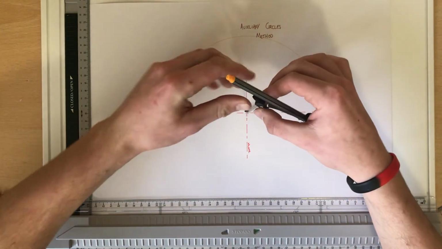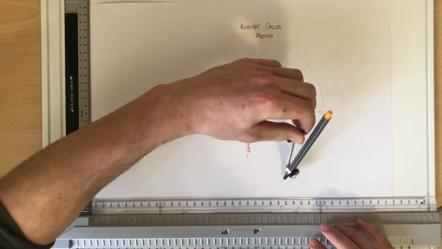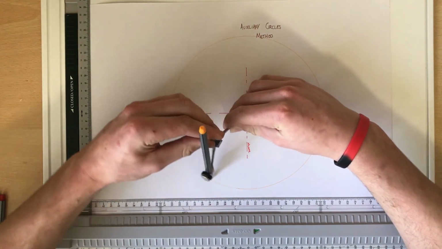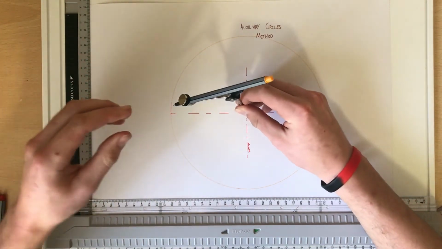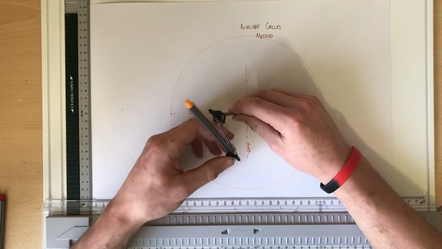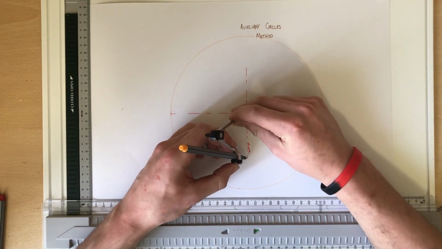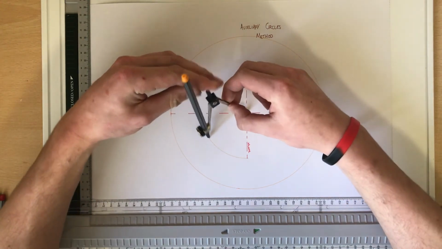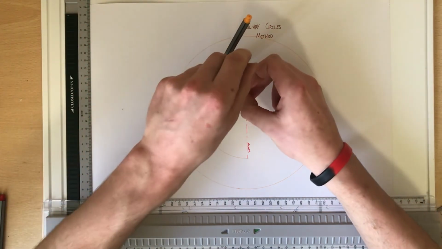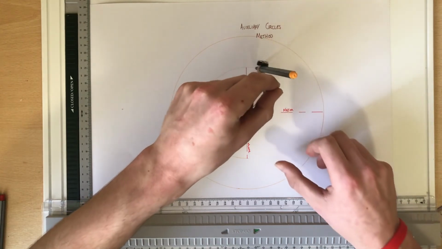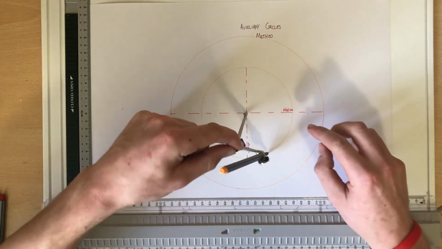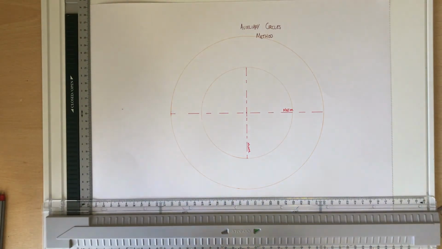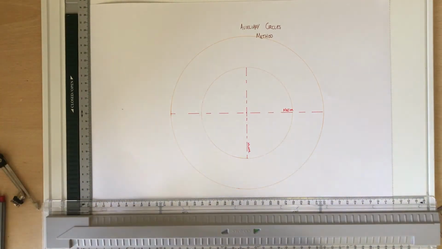So this is the major auxiliary circle, and the minor auxiliary circle is made in the same way, using half the minor axis as the radius. Both these circles are concentric, with center at the center of the ellipse and the intersection of the major and minor axis.